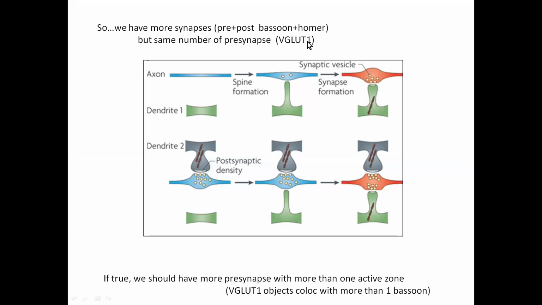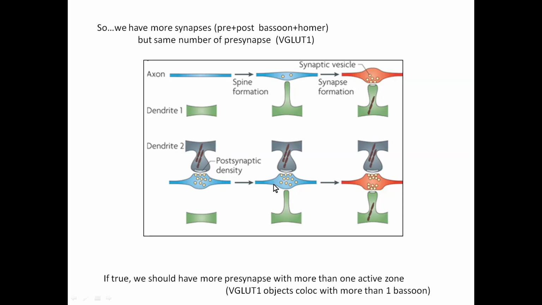This gave us the hint that the way synapses are formed is not this one, but rather this. That is, the new synapses would come on presynaptic terminals, which are the same. In that case, VGLUT1, which corresponds to the whole button, the number of VGLUT1 is the same, but the number of Bassoon would increase because Bassoon is really in the active zone.